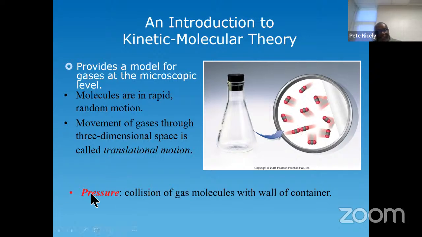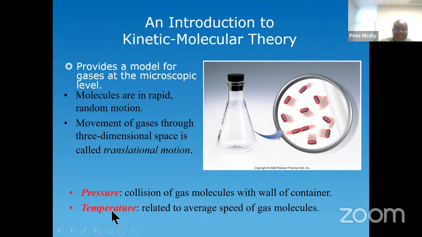So as stated here, the pressure that is exerted by a gas on the walls of the container is a result of the collisions of billions, literally billions of gas molecules with the walls of the container, all right? And we're going to talk about that in more detail. Also, we can relate certain things that we observe with respect to temperature, how gases behave when the temperature, for example, increases, to the kinetic molecular theory as well, because according to the kinetic molecular theory, when you increase the temperature of a gas, you're imparting more energy to the gas particles.